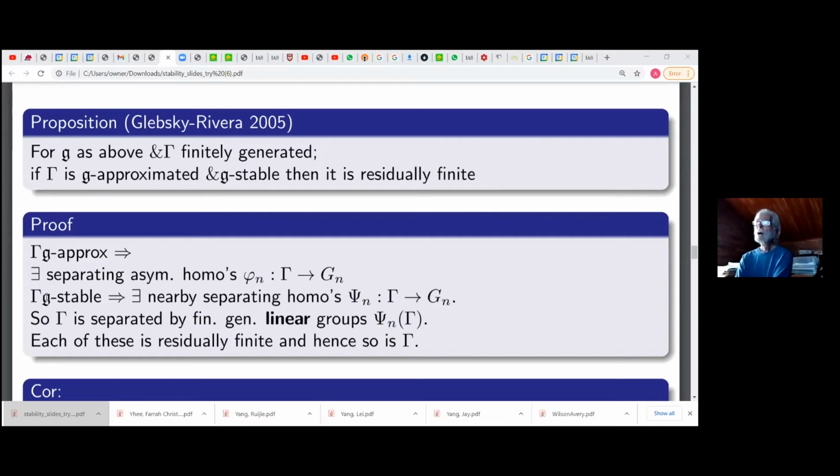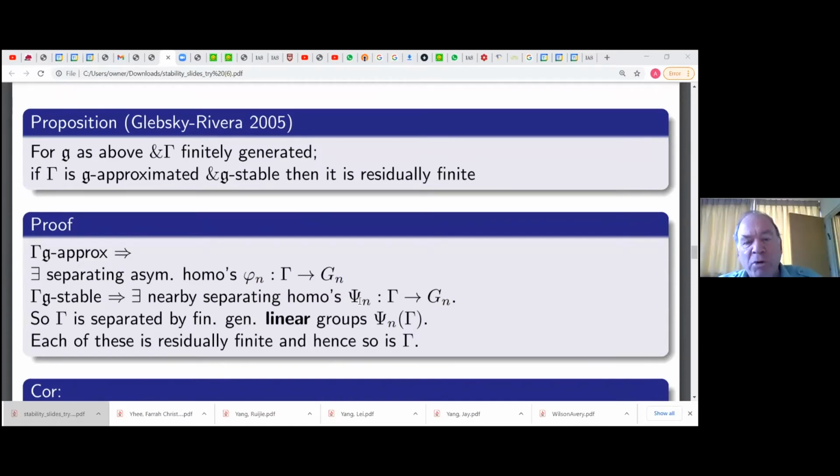But if Gamma is also G-stable, it means that nearby you can replace each one of these phi-n by psi-n, a true homomorphism. And if you think about it for a second, if the phi-n's are separating, then the psi-n are also separating. So I can separate the points of Gamma by homomorphisms to Gn.